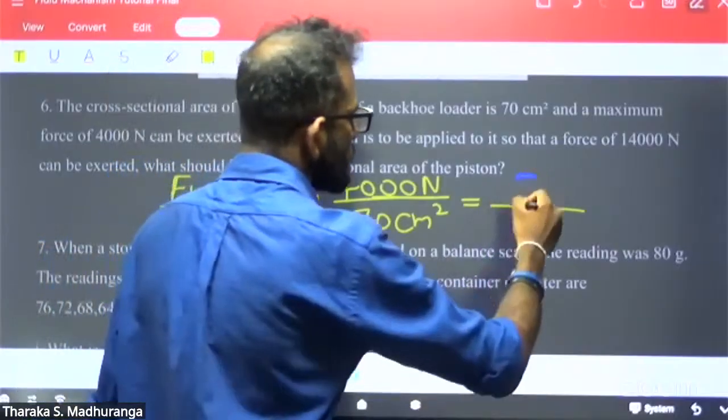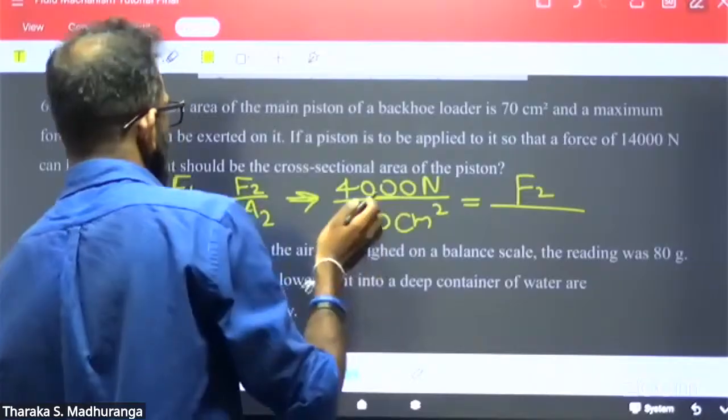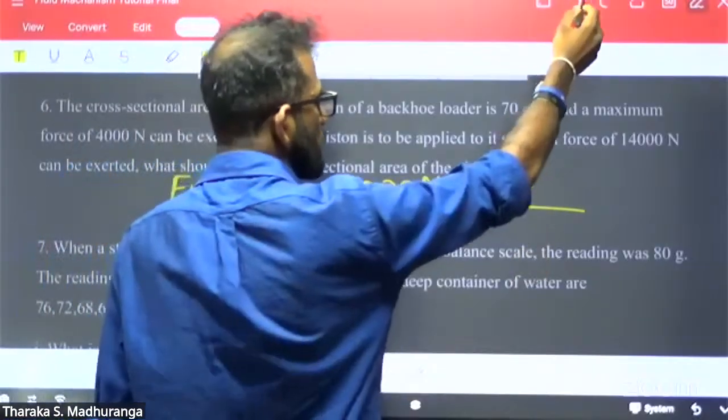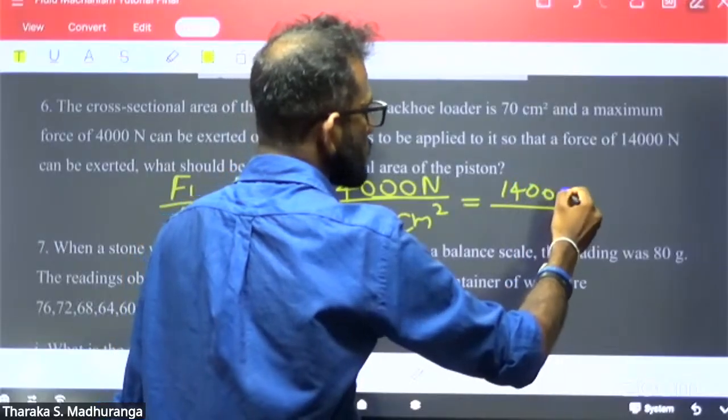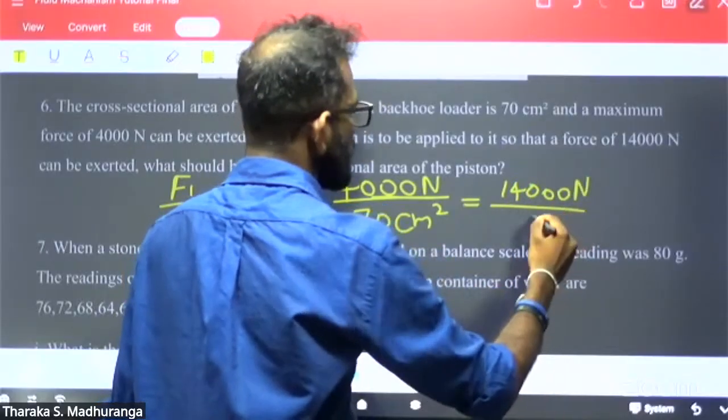The F2 is asking? No, F2 is given, sorry. It is 14,000 Newton. The cross-section area of the other piston, A2, is asked.